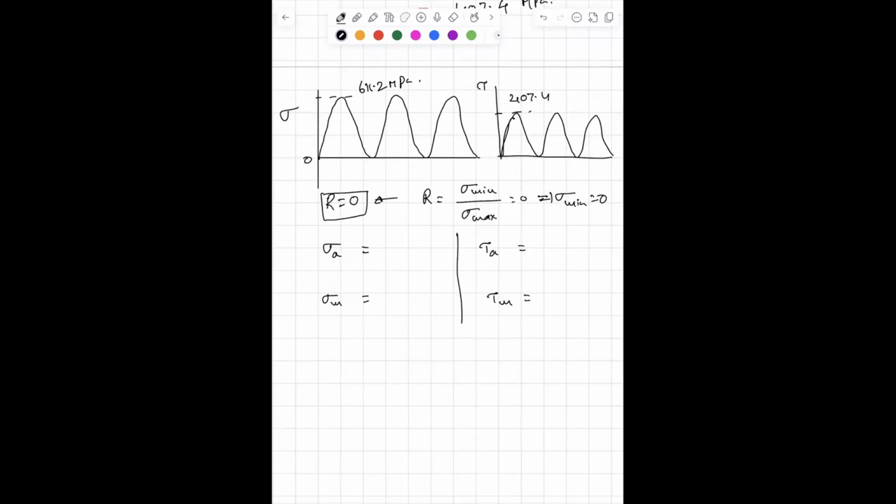I can get sigma M as 305.6, and sigma A is 305.6 also. When R equals 0, sigma A and sigma M will be the same, each being the maximum divided by 2.